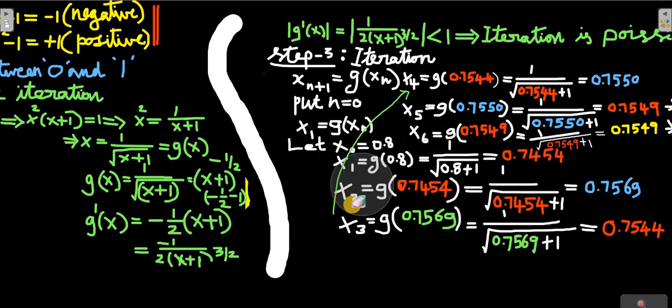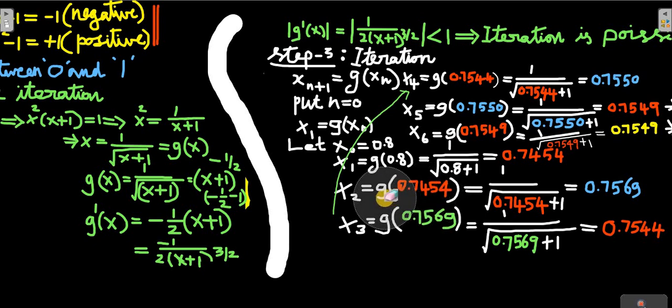Now, how do we get the second approximation? If you put the first approximation into g, you get the second approximation. That is this formula: x(n+1) equals g of xn. So g of x1 gives x2, that is x2 equals g of x1. x1 is 0.7454, so x2 is equal to g of 0.7454.